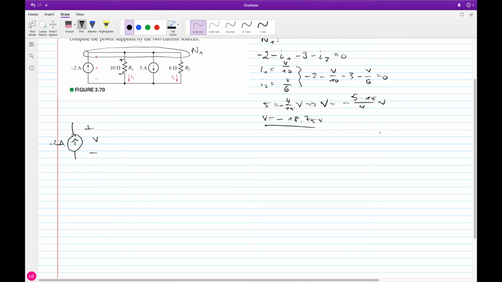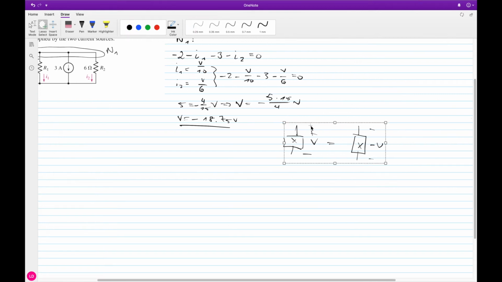We know that if we have an element here and a known element with a V here, we can say that this could also be represented with the opposite signs and a negative here. So don't be afraid of saying that this is a negative voltage.